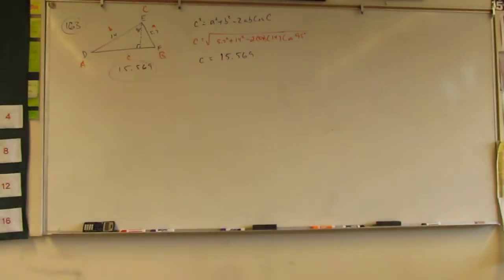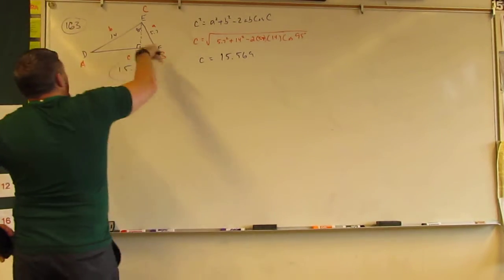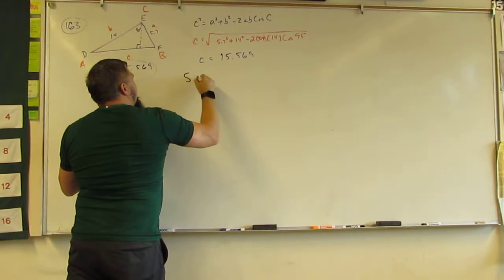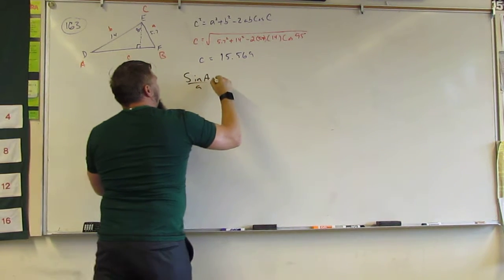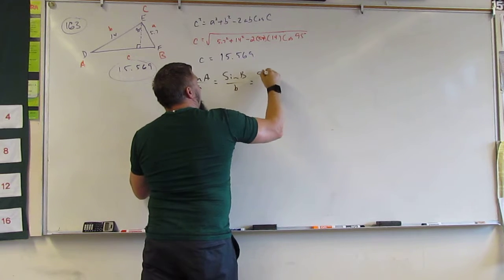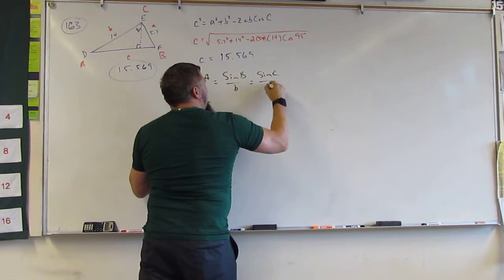You can take a look at that history, and that's everything I did. Okay? Alright, so once you have this side, now we have all the sides. Now I can use law of sines. Sine A over a is equal to sine B over b, which is equal to sine C over c.